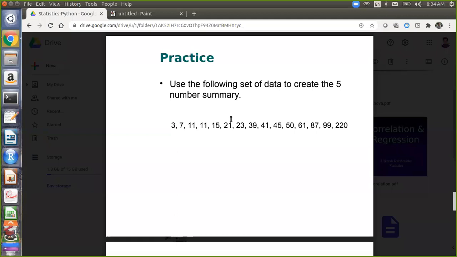Okay, this box plot is wrong. This one is wrong. Let me check this: 3, 11, 39, 61, 220. Okay, this is Kishle. Okay, Kishle has sent me this.